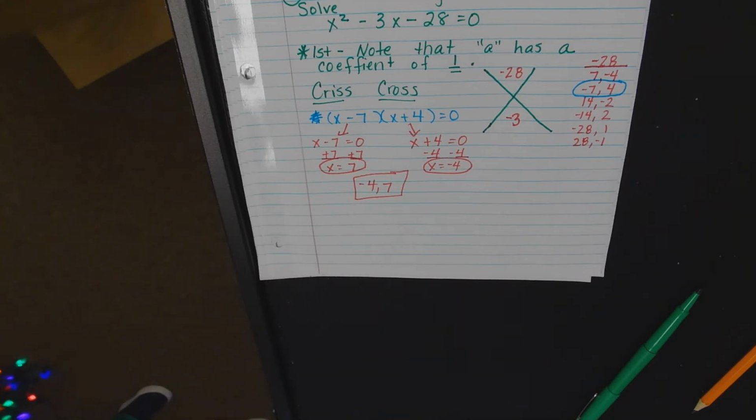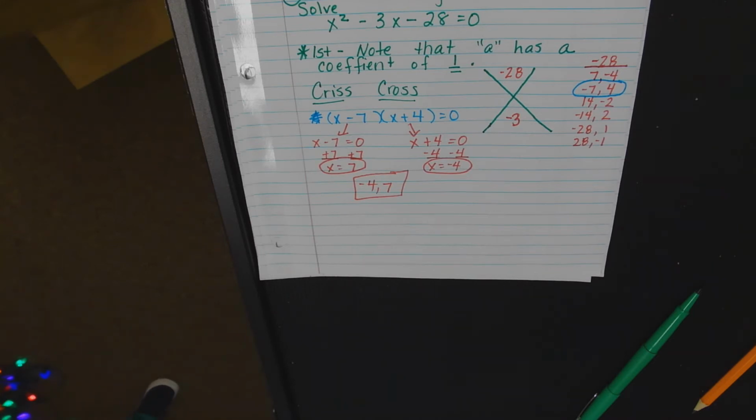I take this, I solve for 0, because the directions say solve. This is telling me what to write. Now I solve for 0. That number doesn't matter anymore.